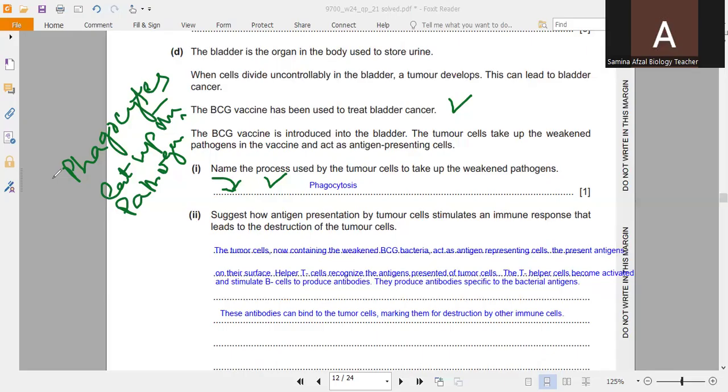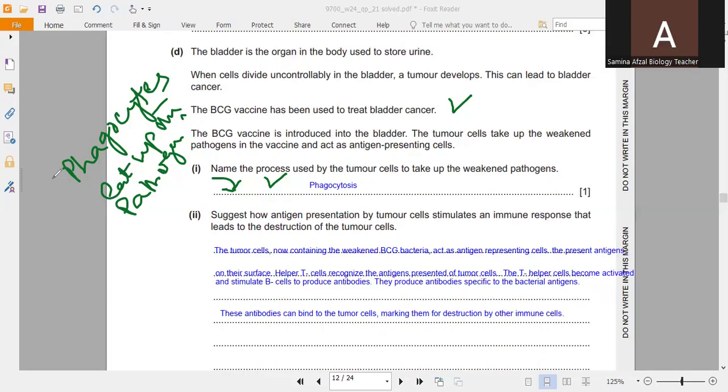The immune response triggered by the BCG vaccine also leads to localized inflammation in the bladder. The inflammation attracts immune cells to the area, further contributing to the destruction of tumor cells. In simple terms, the BCG vaccine essentially tricks the tumor cells into displaying foreign flags on their surface. This makes the tumor cells visible to the immune system, which then attacks and destroys them.